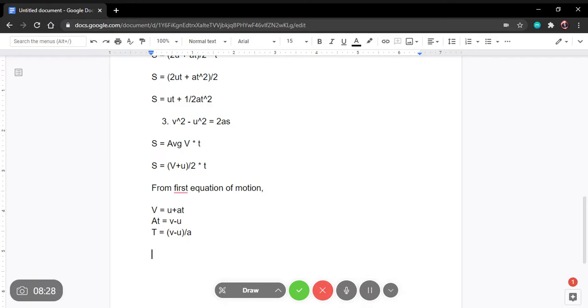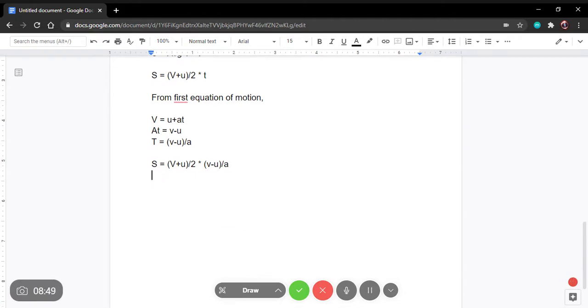Therefore, s is equal to v plus u by 2 into v minus u by a.